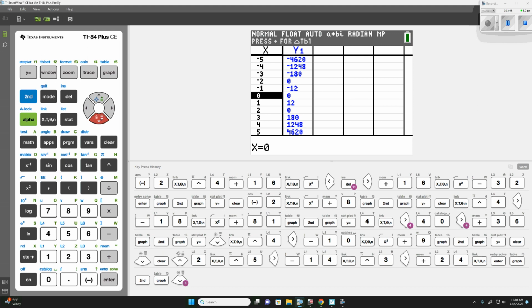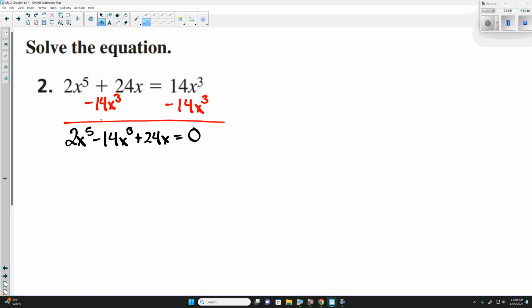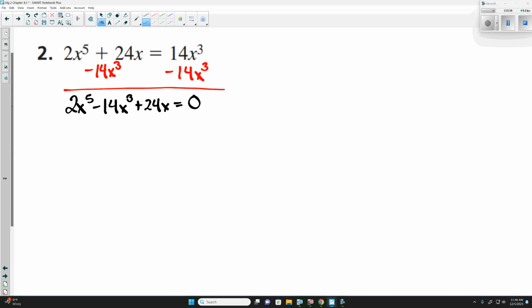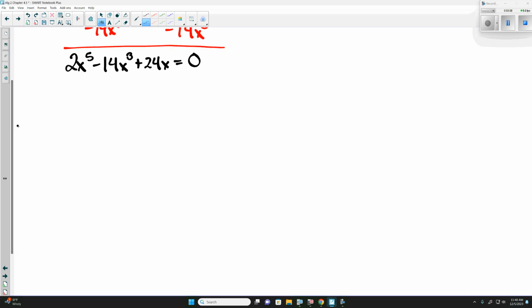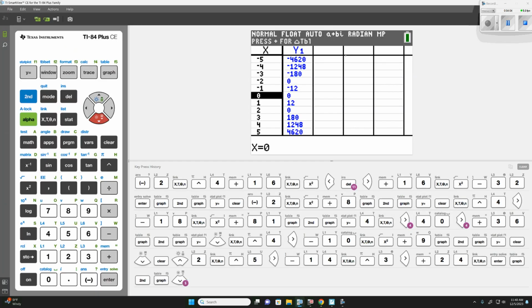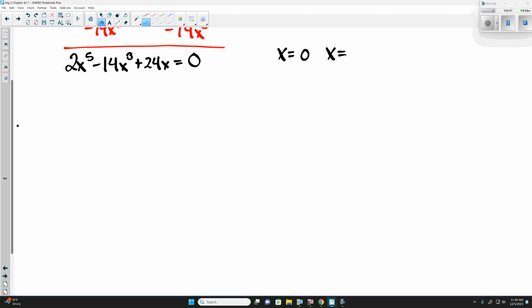Now this one here, when x is 0, y is also 0. So it includes it as a solution. So the solutions we know so far is that x is equal to 0, x is equal to -2 and 2. So we have a total of 3 solutions.